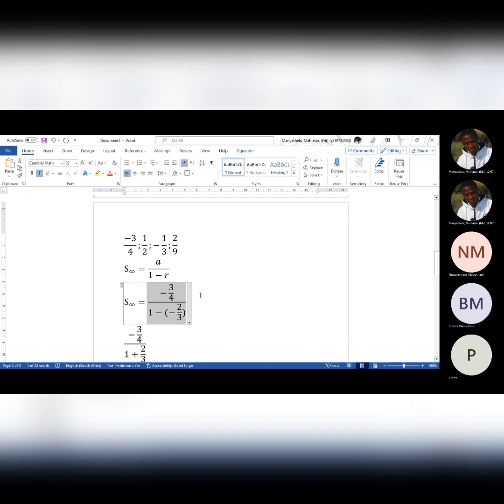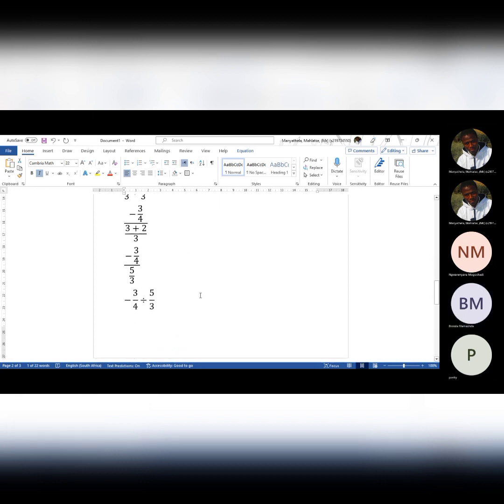You can just do it on your calculator, punch it in and write what appears. And you should also check the question, 2 marks.